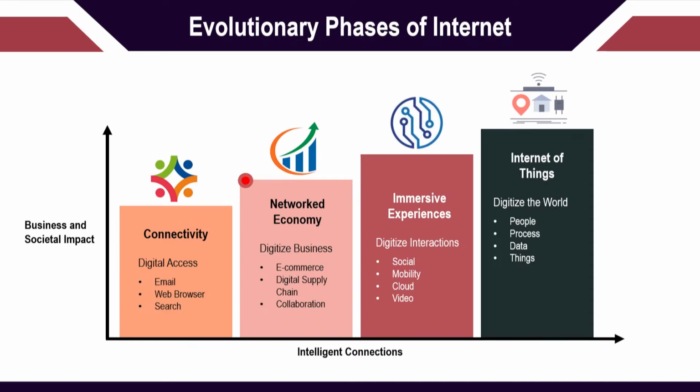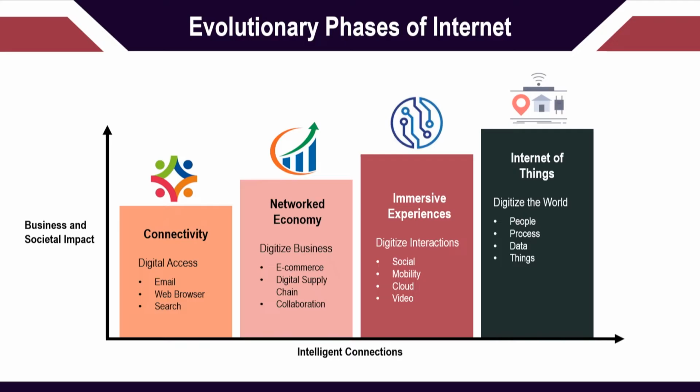The network economy has helped to digitize business and it has enhanced e-commerce applications in collaboration with business systems to increase efficiency and profits. The third phase, immersive experiences, has enhanced internet use with the help of videos and social media. Now comes Internet of Things, which digitizes the world.